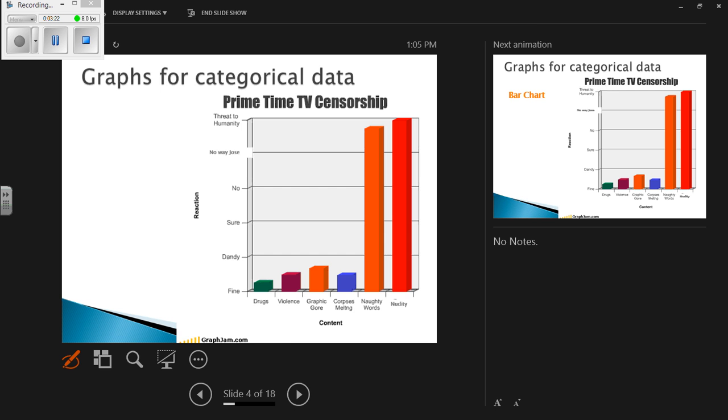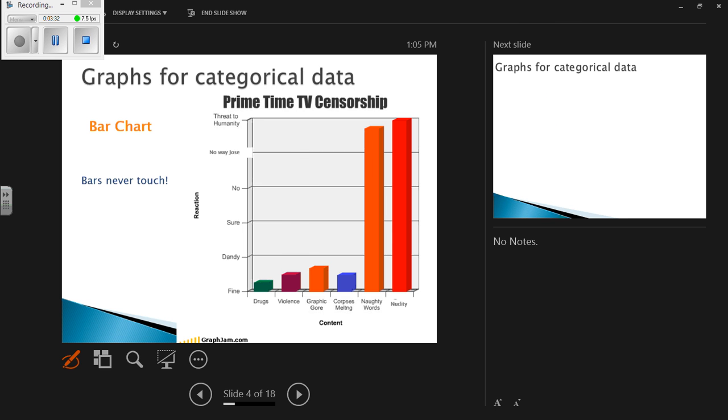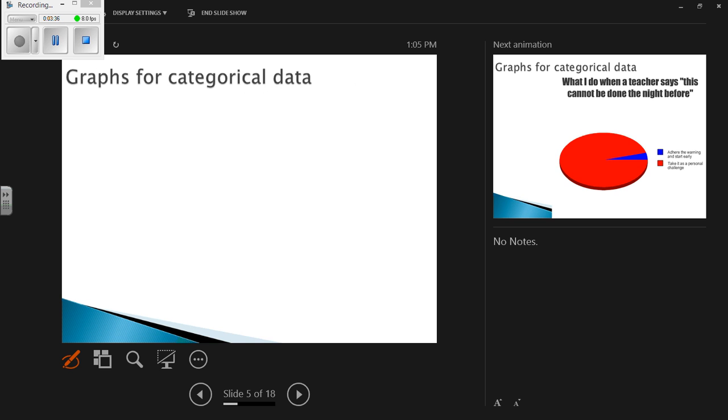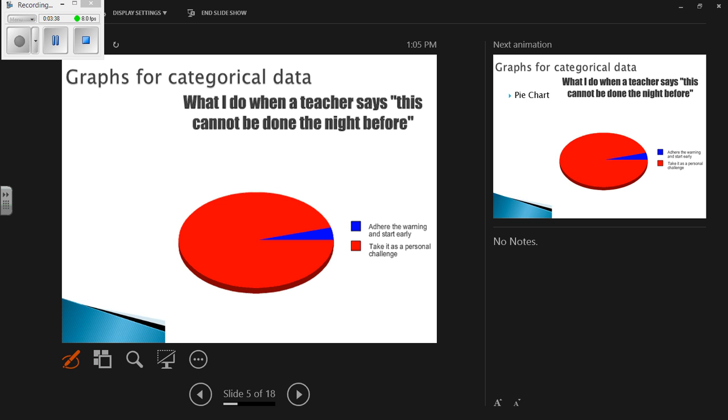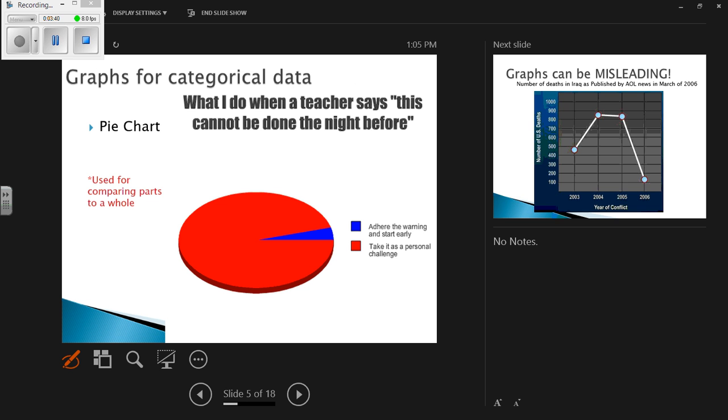So when we start thinking about types of graphs for different types of data, for categorical data, you have this type of graph, which we recognize pretty quickly as a bar chart. And one thing to be aware of with that bar chart is the bars never touch. Also a great graph for categorical data, if you have the situation where you have parts of a whole, where you can break things down into percentages, that's where a pie chart can come in very handy.